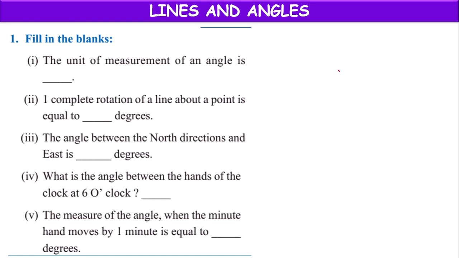At 6 o'clock, the hour hand will be at 6 and the minute hand will be at 12. So they are lying on the same straight line, which is equal to a straight angle, 180 degrees. The angle between the hands is 180 degrees, also called a straight angle.